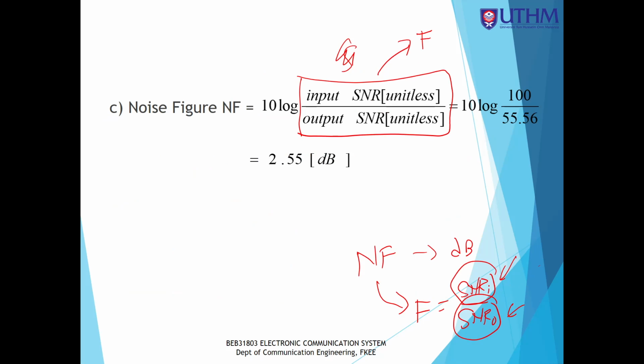So 100 bahagi 55.56, ini adalah dia punya F, noise factor. So 10 log F, you akan dapat noise figure. So you akan dapat 2.55 decibel. Okay, so dapat NF.